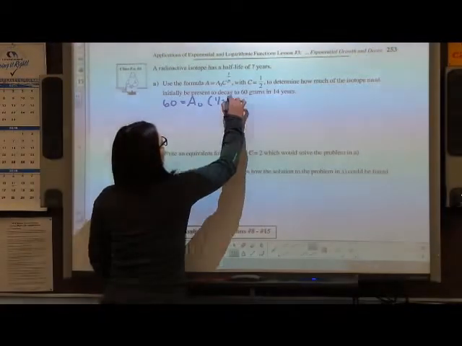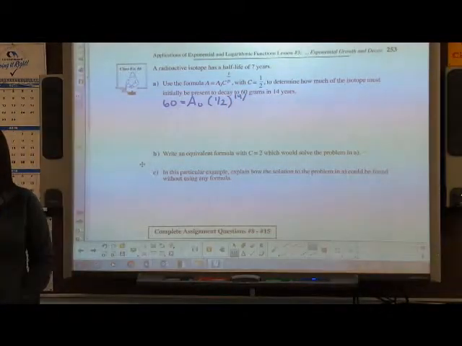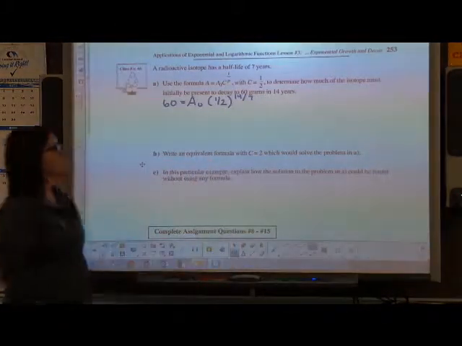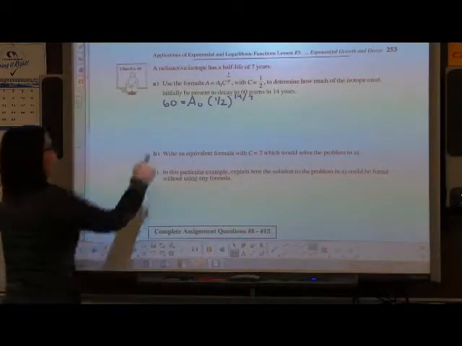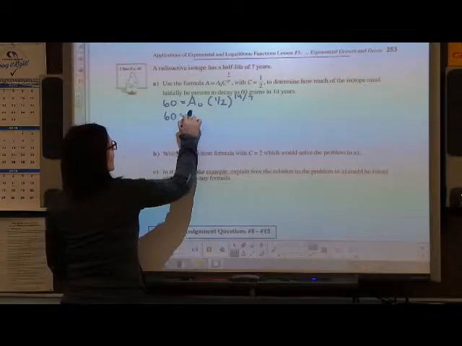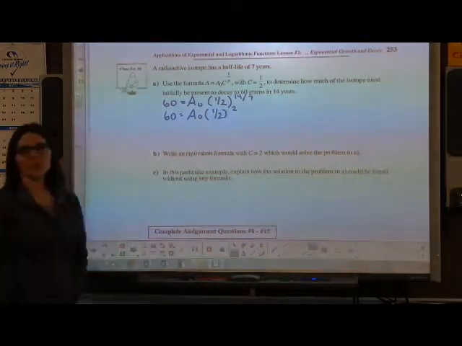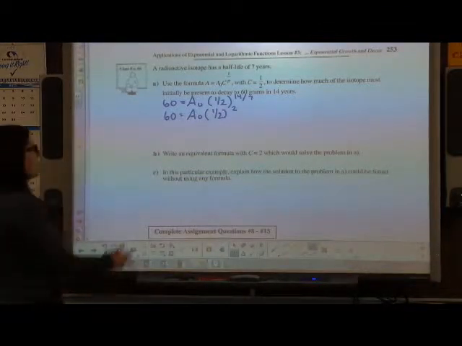And what is the period of my half-life? 7 years. But 14 over 7, what is 14 over 7? 2. So 60 equals A of 0 times 1/2 squared. What's 1/2 squared? 1/4. Yep.